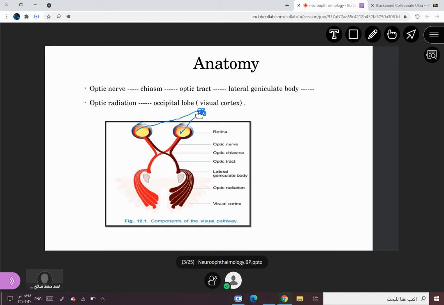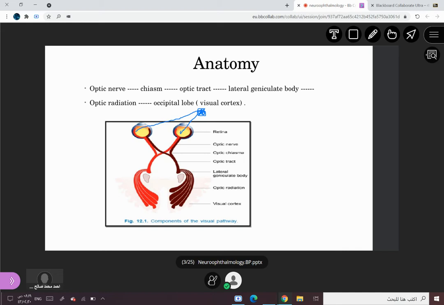Can you put any object on your right side, pencil, your hand, your finger, whatever it is, and imagine with me that this object is falling on your right nasal, left temporal, and by default it will go to the left hemisphere. So this object will go to this retinal fiber on the right side, this retinal fiber on the left side. Excellent.